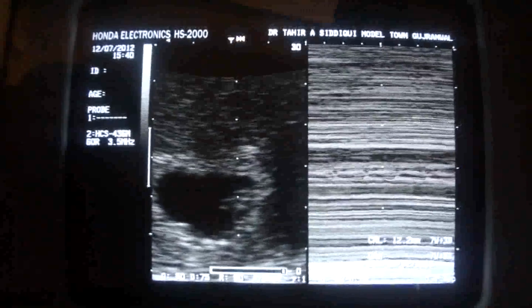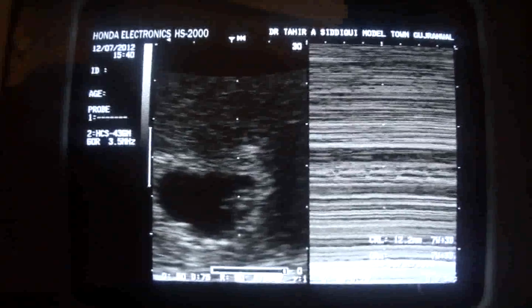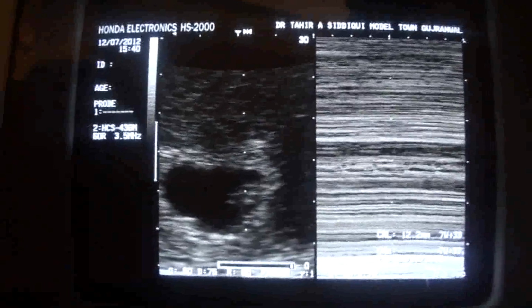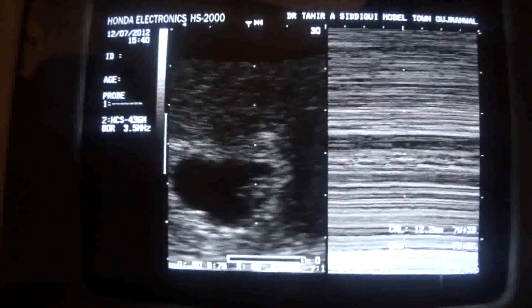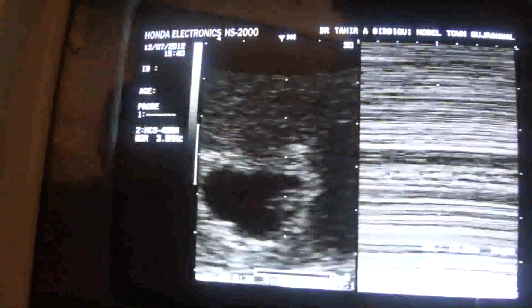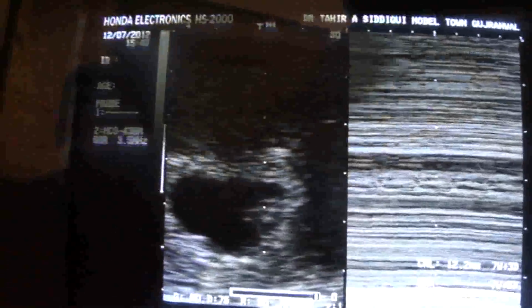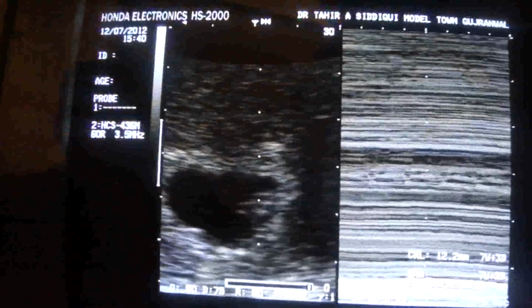So this is a gestational sac of 7 weeks 3 days gestational age with positive cardiac flicker, and is consistent with a normal early pregnancy. And the other thing that we noted was a resolving twin.